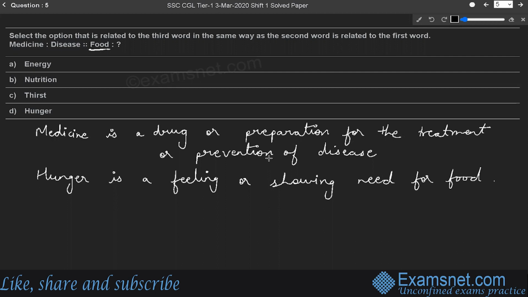Therefore, we can say that hunger is related to food in the same way as disease is related to medicine. Hence, hunger is the correct answer for this question. So here, the correct option will be option number D, which is hunger. I hope this question is clear to you.